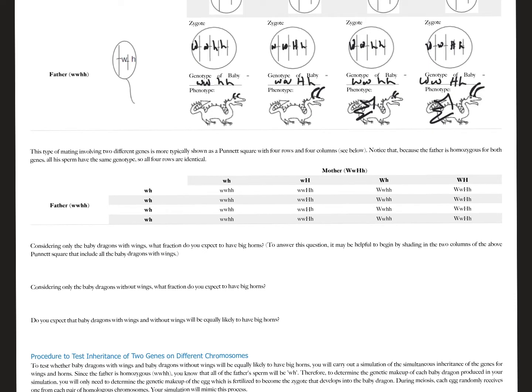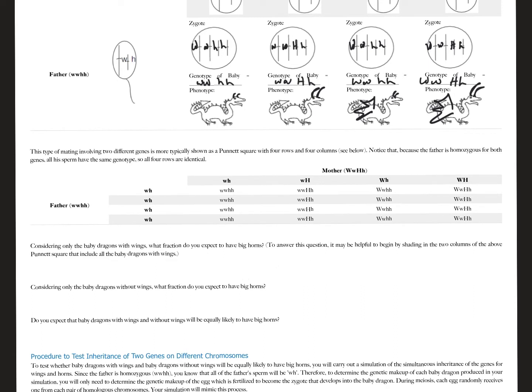We can reduce this by dividing both numbers by 4 and get 1 out of 4. Do you agree those fractions are equal? Does that make sense? Yeah.